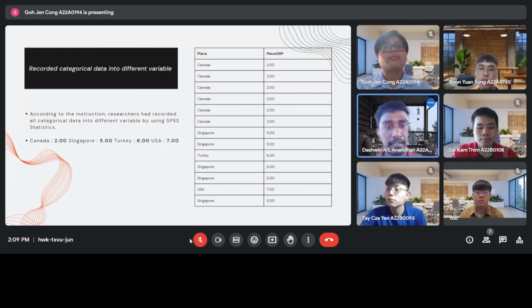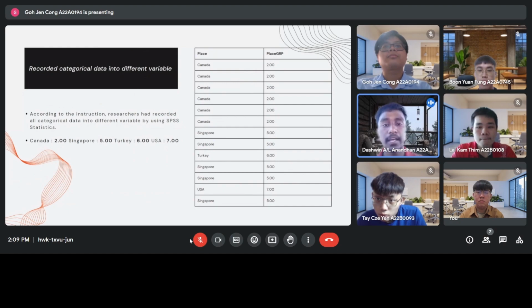Britain recoded as 1, Canada recoded as 2, Ireland recoded as 3, Malaysia recoded as 4, Singapore recoded as 5, Turkey recoded as 6, USA recoded as 7, and Vietnam recoded as 8. By assigning these recoded values to each country, we now have distinct variables that represent the presence or absence of a specific country in our data.